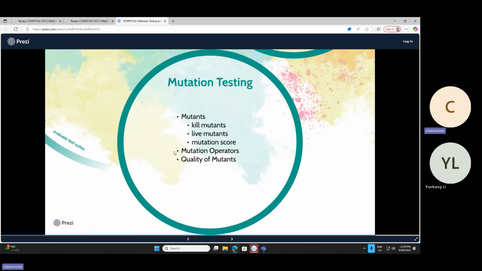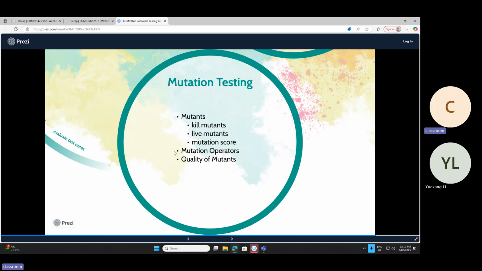And then we learned mutation testing. Mutation testing, although the name sounds like another testing technique, right? But it's actually a special type of technique. So can you still remember why it is special?